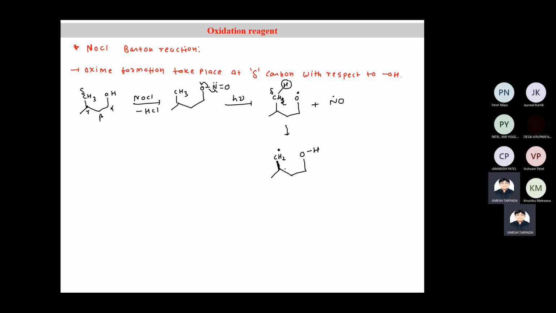Now after that, this radical combines with NO in this way.